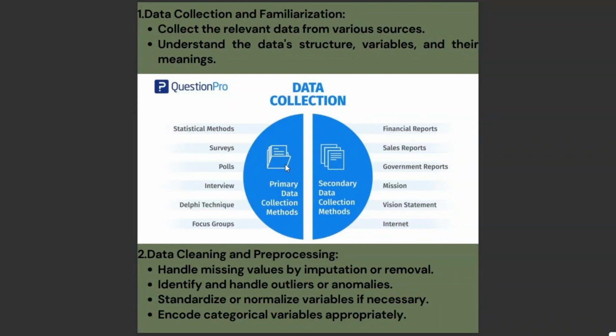Primary data are data we source ourselves. We can source it through different means: statistical method, through survey, through poll, interview, focus group, amongst many.